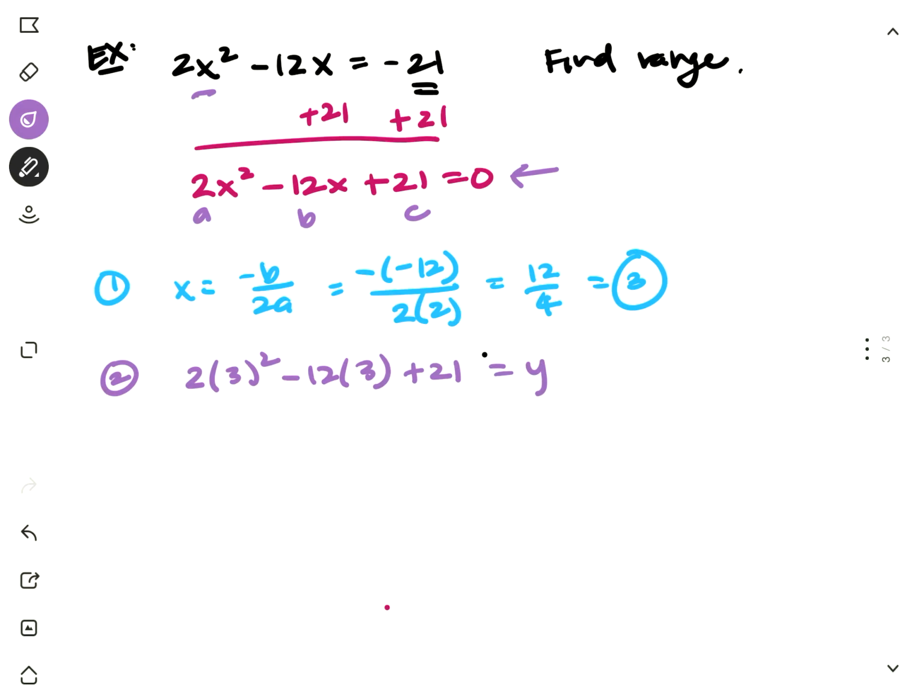If we plug in a 3, so then we get 3 times 3 is 9, times 2 is 18, minus 36, plus 21. 18 minus 36, negative 18, plus 21 is 3. That's interesting. Our x and our y are 3.